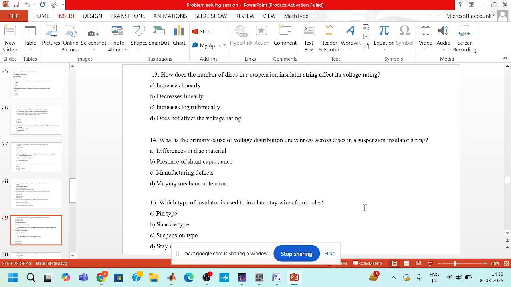Maybe A or C, madam. Increases linearly or increases logarithmically.